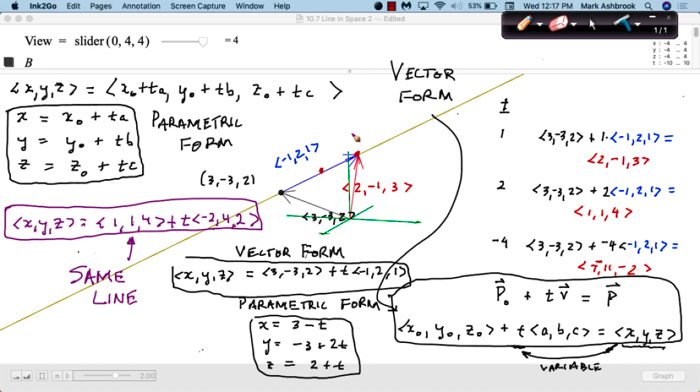Different t's are going to generate the points differently, so you have to be careful. Just because I have a different point and a different direction vector, you could be writing the exact same set of points, the same line. Okay, that's enough of me talking.